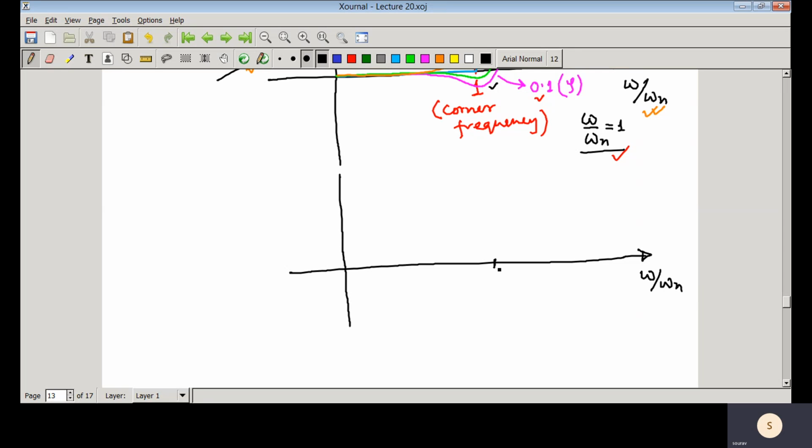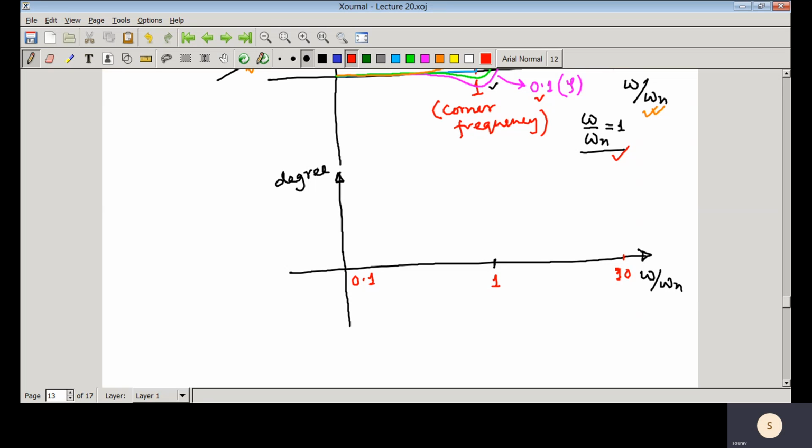And here that corner frequency is 1 because it is in the scaling form, and here that is in degree. So now, 1 decade below this, we take this as say 0.1, and 1 decade above, say this is 10.